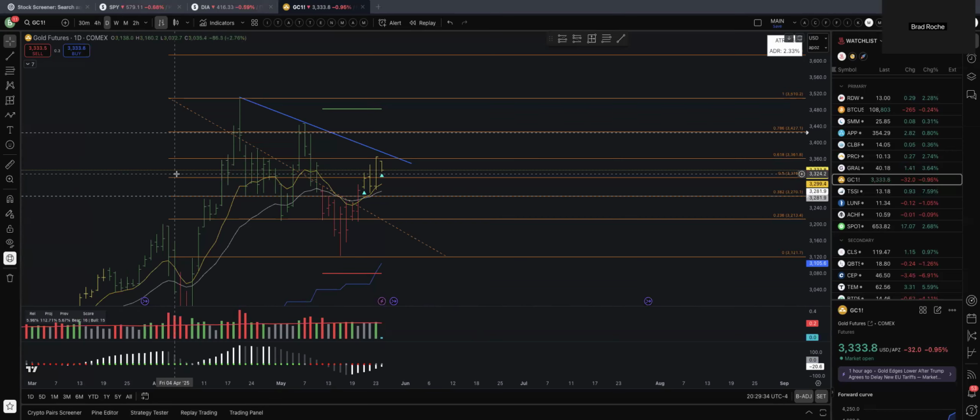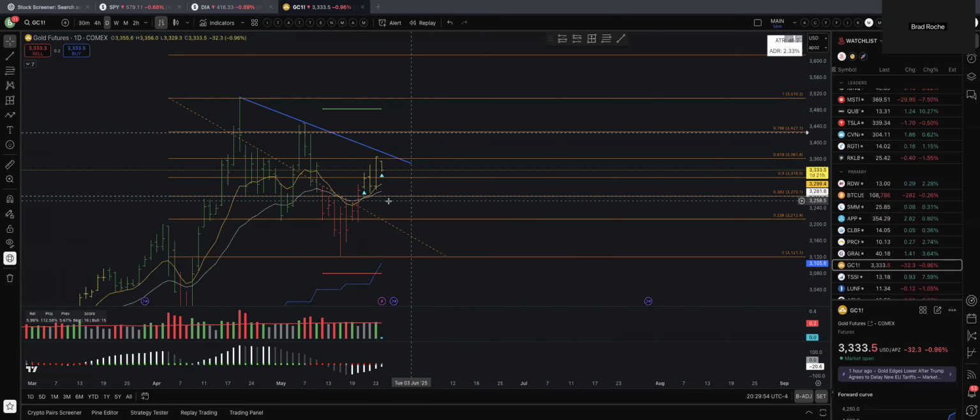They do it through utilities, consumer staples, telephone companies like AT&T, T-Mobile, things like that. So that's just part of this. When the SPY starts to struggle a little bit, then you can look for this to move higher.